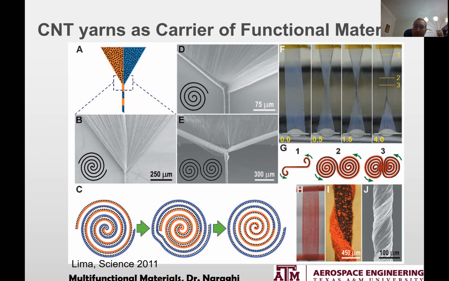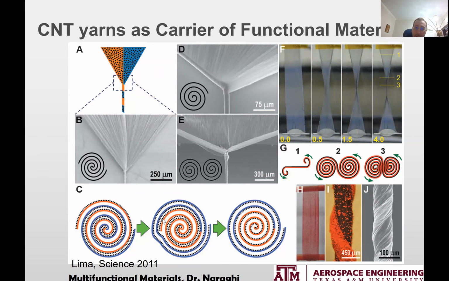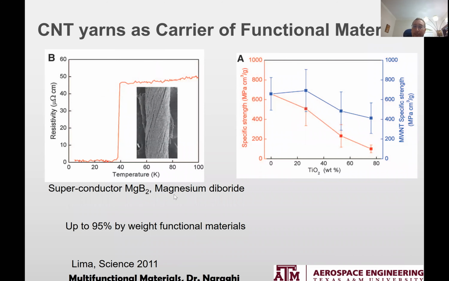One of the really interesting things they did in this work is that they filled in between the layers. These dotted ones are the material they filled in between. They filled it with a material that is a superconductor.